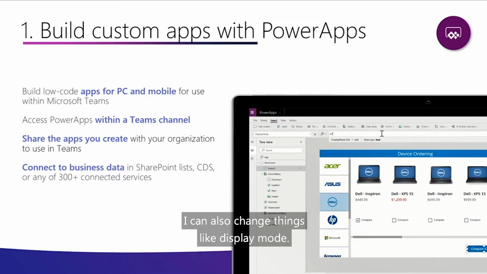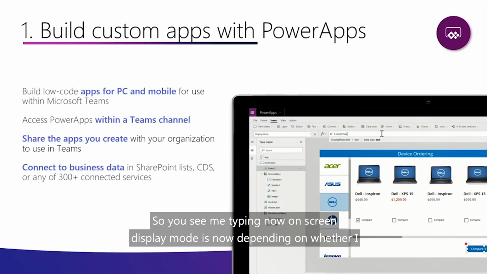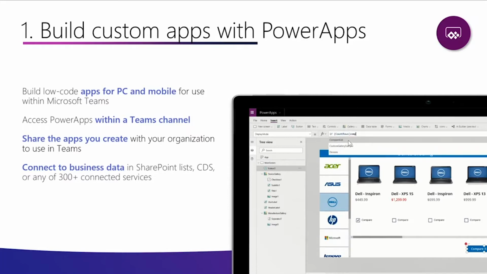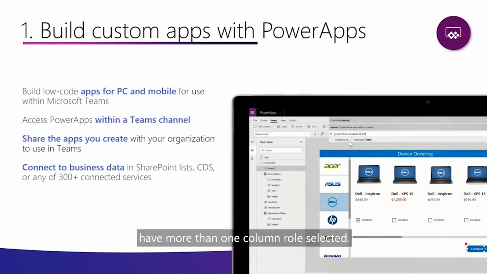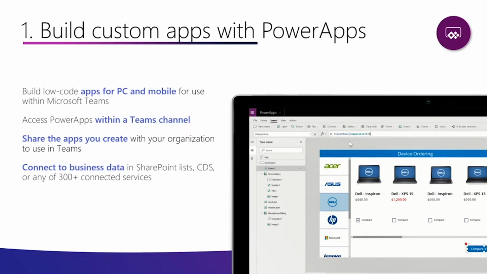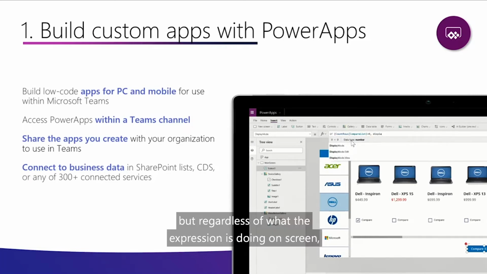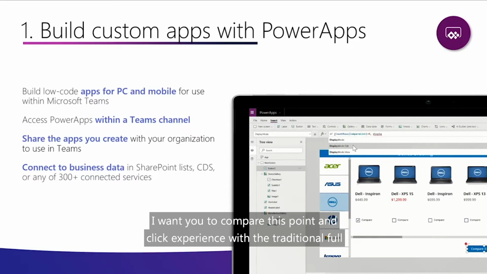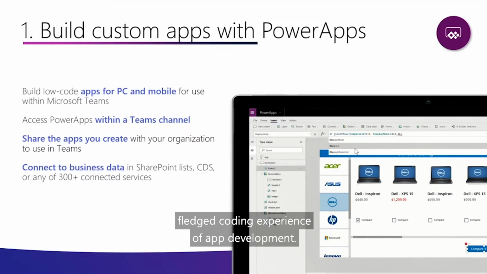I can also change things like display mode. So you see me typing now on screen. Display mode is now depending on whether I have more than one column row selected. So this is what the simple expression is doing. But regardless of what the expression is doing on screen, I want you to compare this point-and-click experience with the traditional full-fledged coding experience of app development.